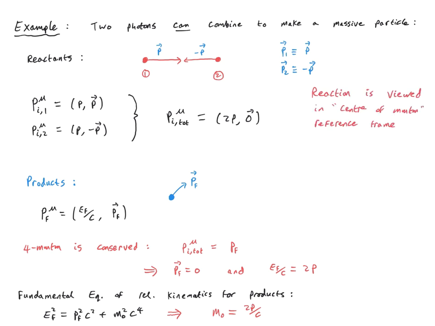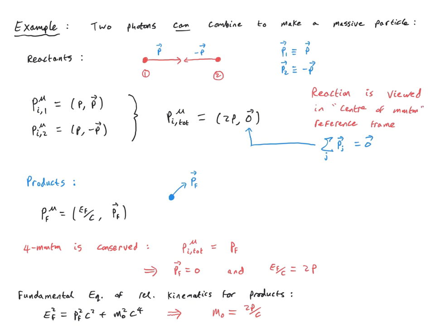The center of momentum reference frame is the one in which the reactants have a total relativistic 3-momentum, that's the total p vector, which is equal to 0. So I mean that if I sum over all the particles j of the p_j vector, that should be equal to the 0 vector in the center of momentum reference frame. It's a similar concept to the more familiar center of mass frame from regular classical mechanics.